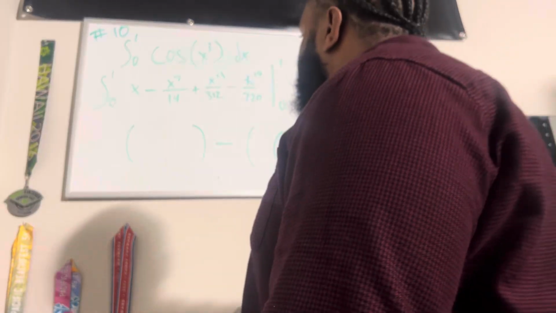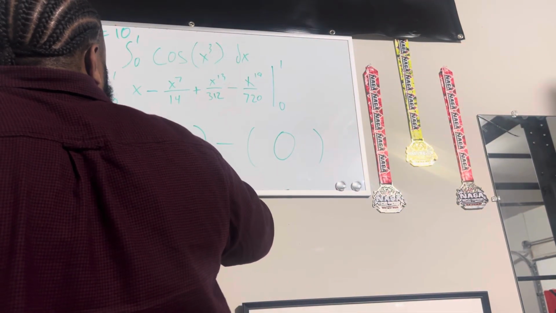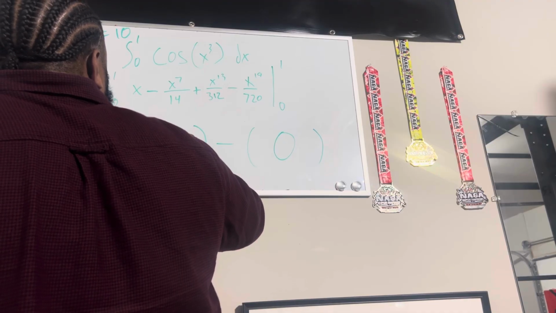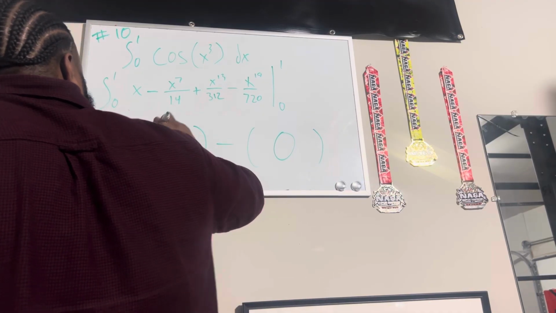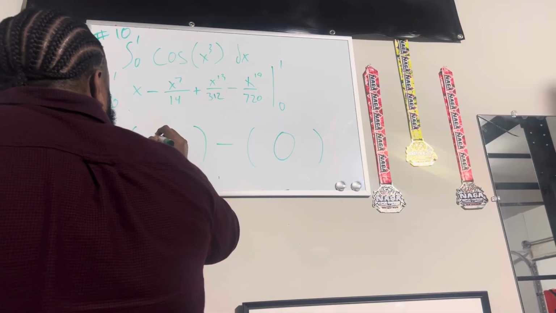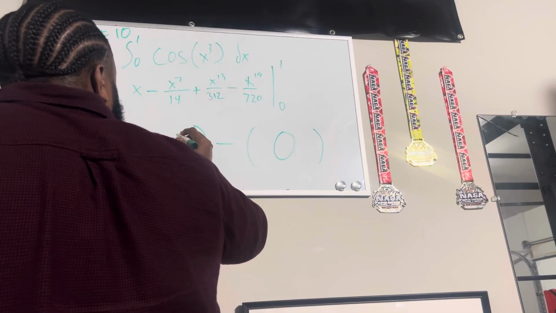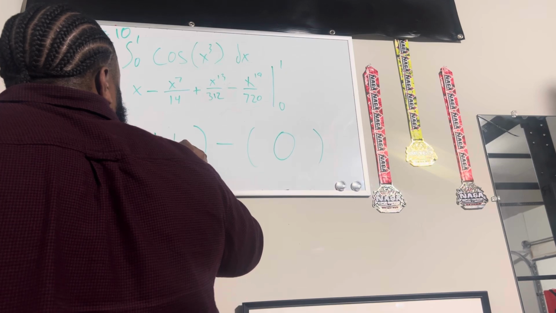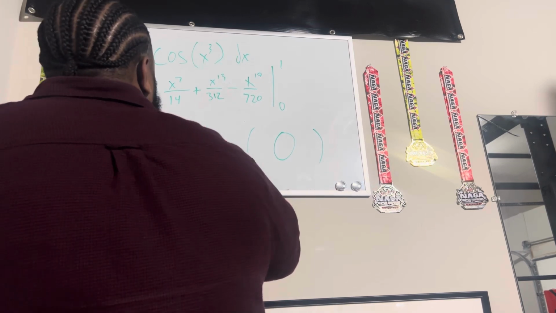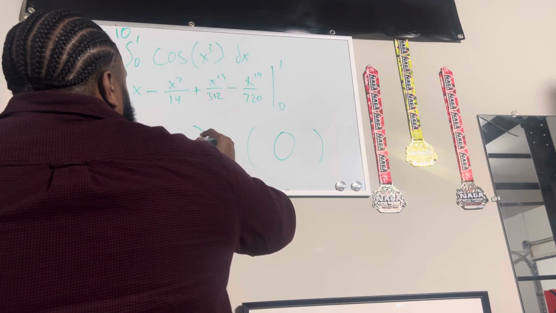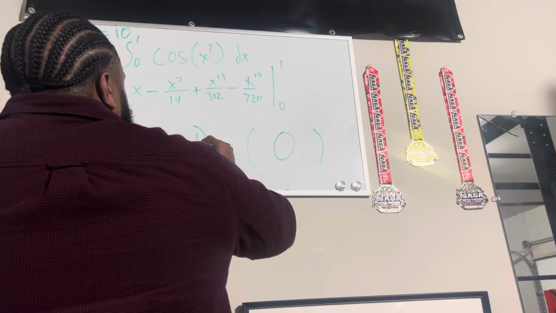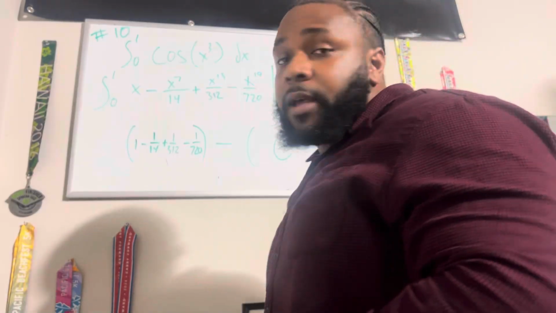Well, for 1, it would be 1 minus 1 over 14 plus 1 over 312 minus 1 over 720. So I'm going to input that and then I'll give the answer.